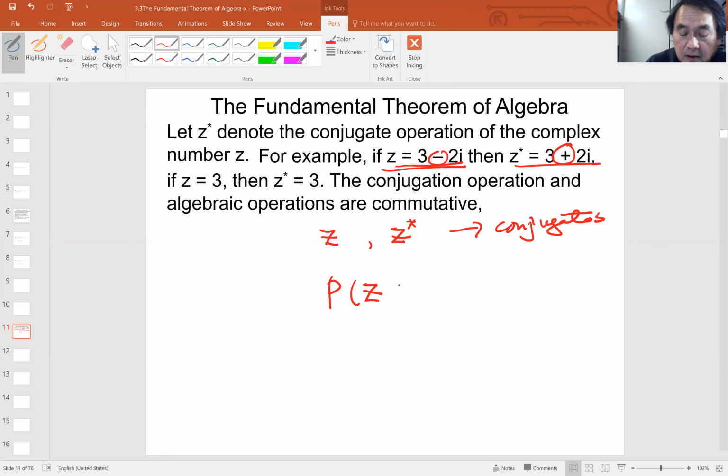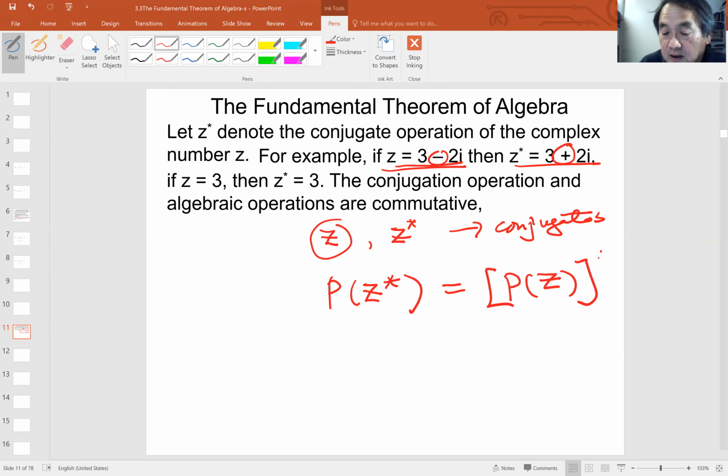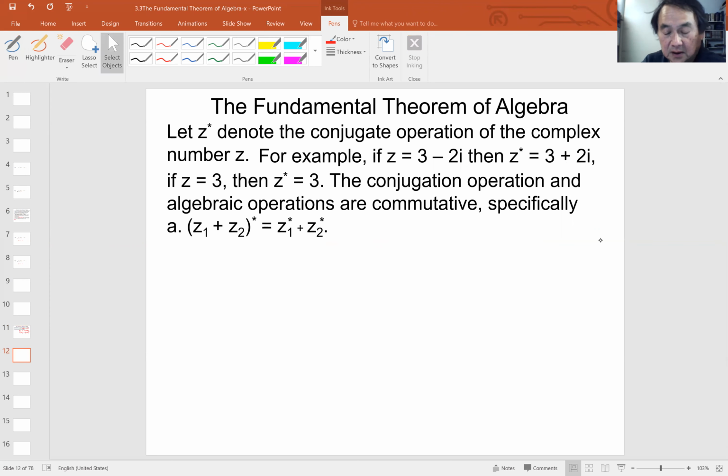The basic thing that we want to prove here for polynomials is that if we plug in the conjugate of a complex number, this turns out to be the same as plugging in the original, getting the answer, and then conjugating the answer. We go through these verifications.